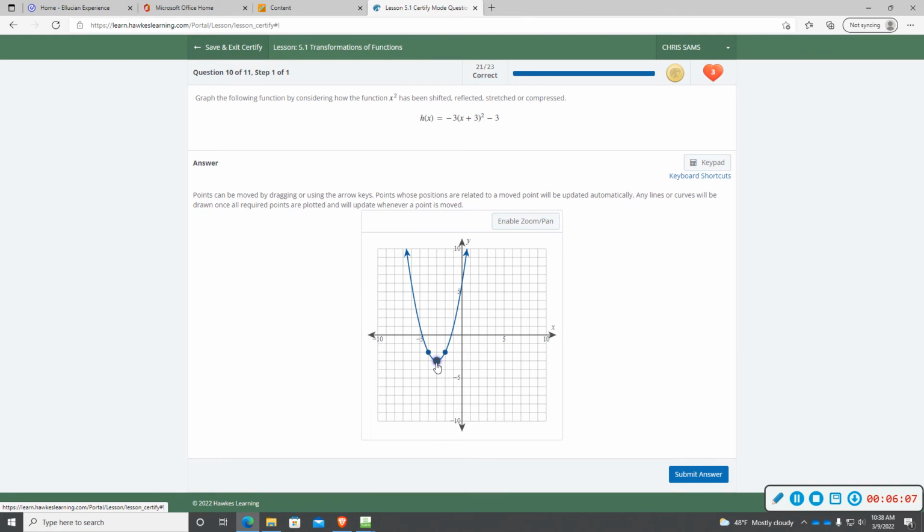And then what this negative is doing is going to flip it. I guess I want to move these points down 1 for right now.